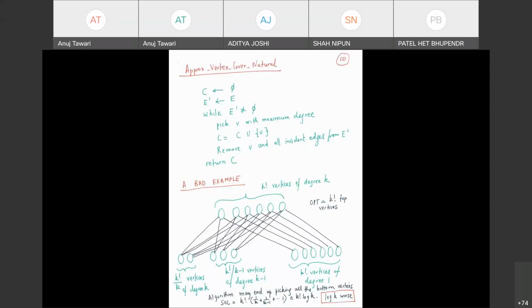This is called a harmonic series, and this summation is very standard, it's log k. So if you have some strange summations, just integrate that particular function and you'll get the approximate sum of these things.